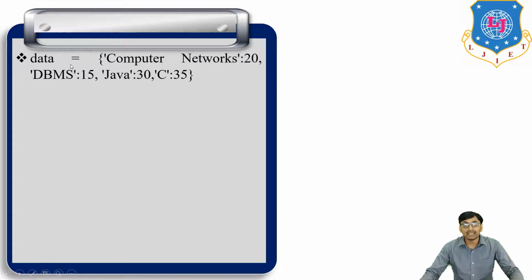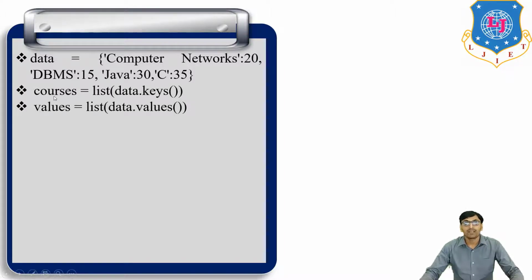Then data is equal to computer network 20, DBMS 15, Java 30, C 35. So this data is one type of dictionary that contains a number of key-value pairs. Okay. Computer network is the first key, 20 the first value. DBMS is the second key, 15 the second value.